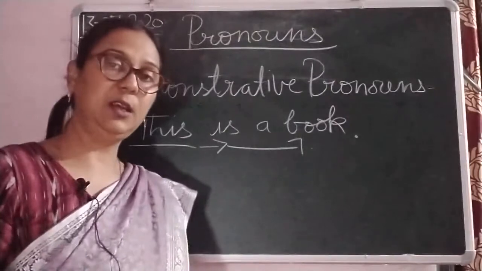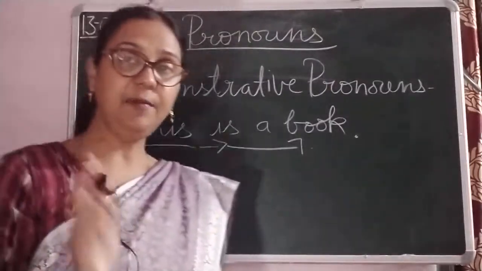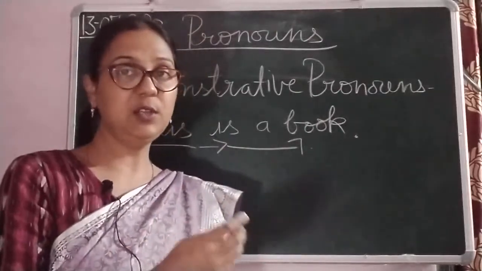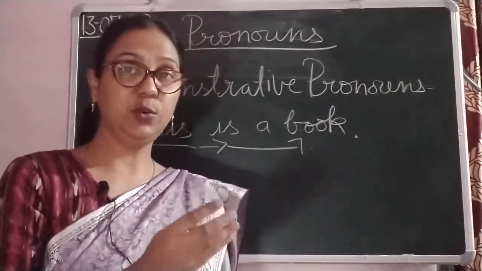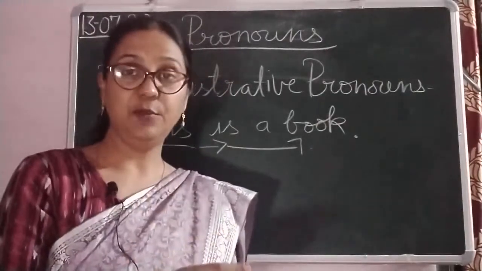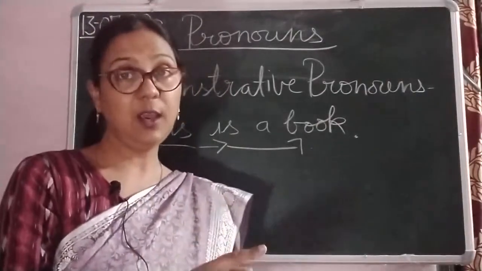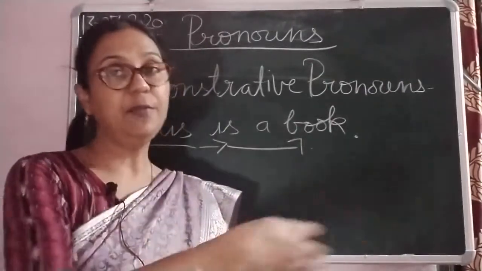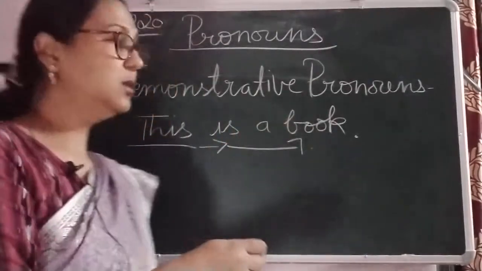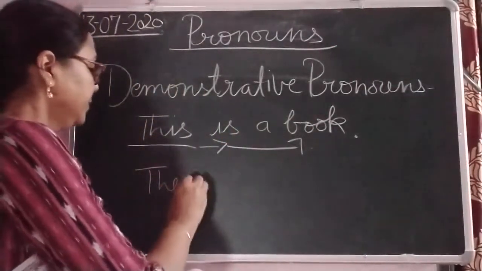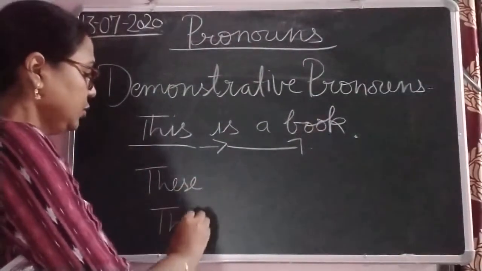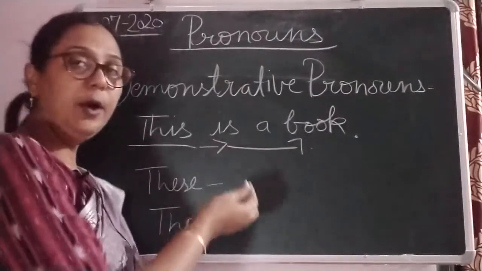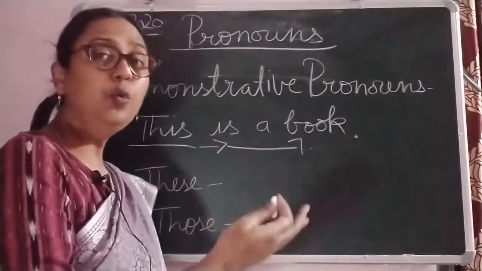Whenever we are using this and that, we have to remember that the thing should be near. If the thing or person or object is far from us, then we are going to use these or those for the far object, or you can use them for a plural object also.